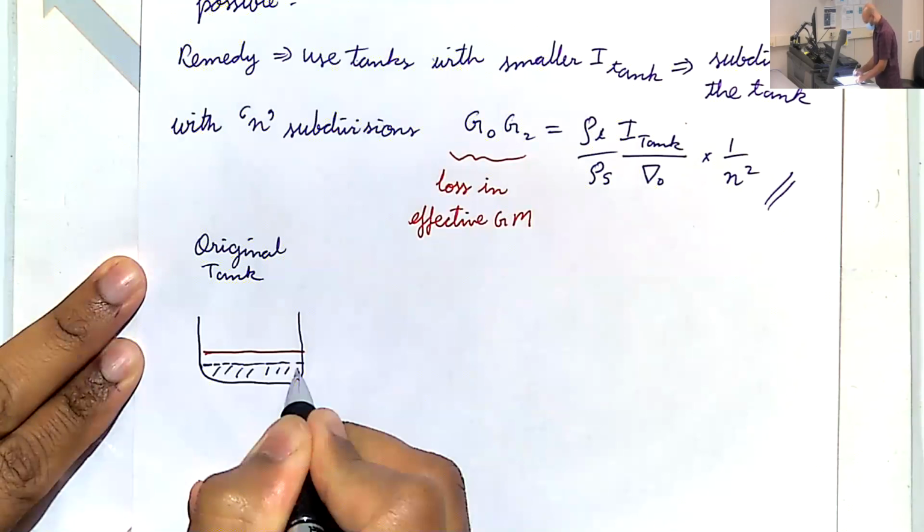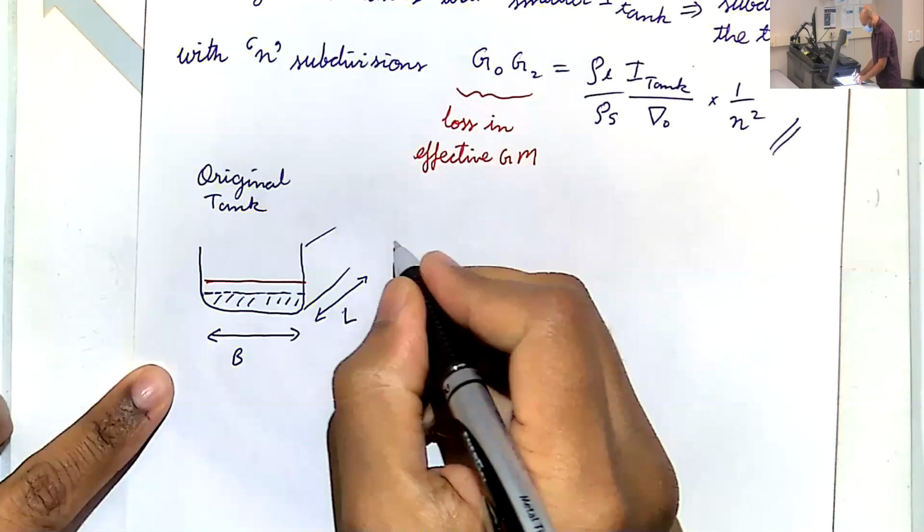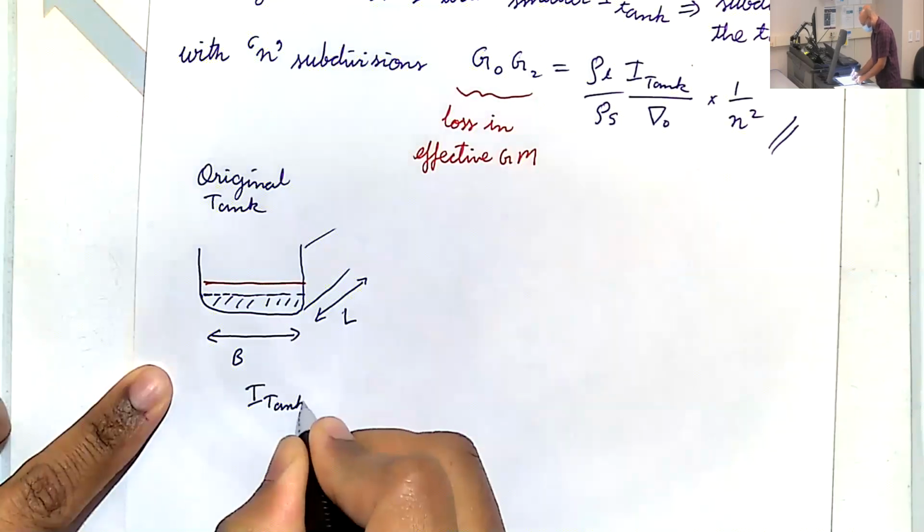In this case, I tank is what? It's LB cubed over 12.